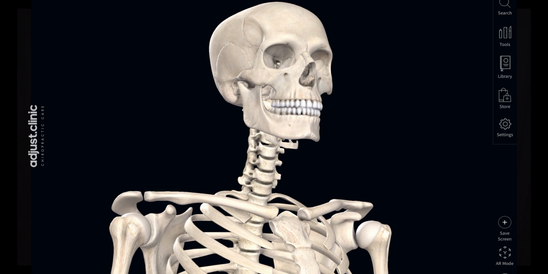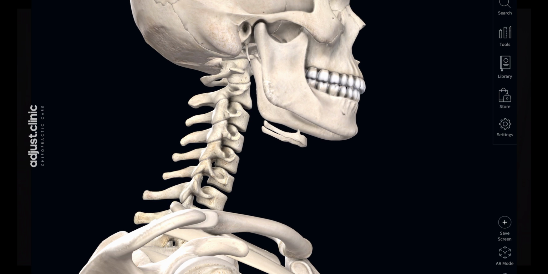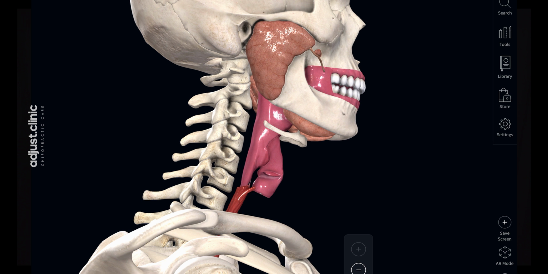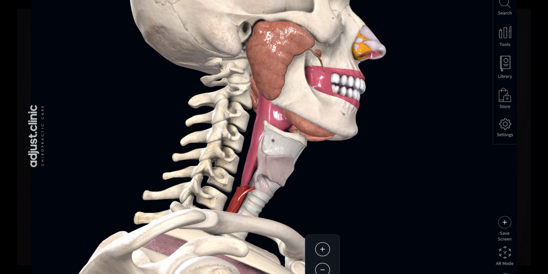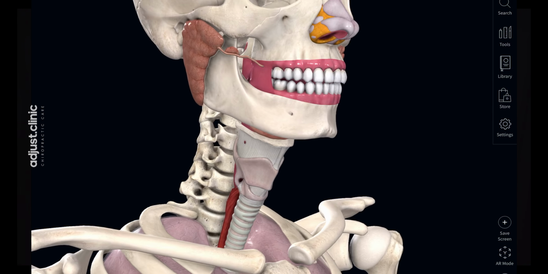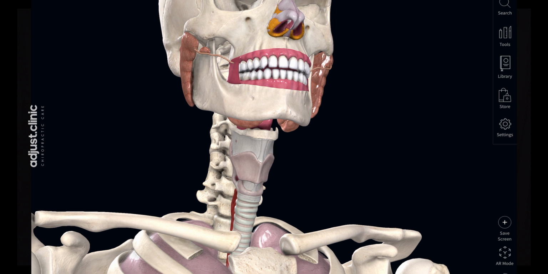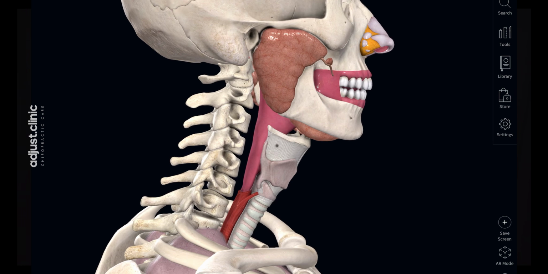And then you can see right here the front view of the neck, right behind the skull. What we're missing here in the picture are some of the structures like the esophagus and the trachea for breathing. So those bones are sitting behind some of the vital organs for breathing and feeding.